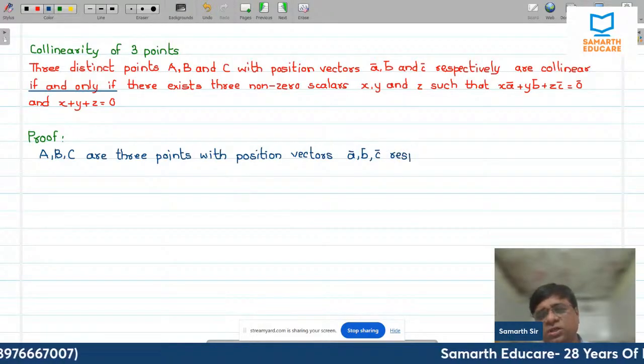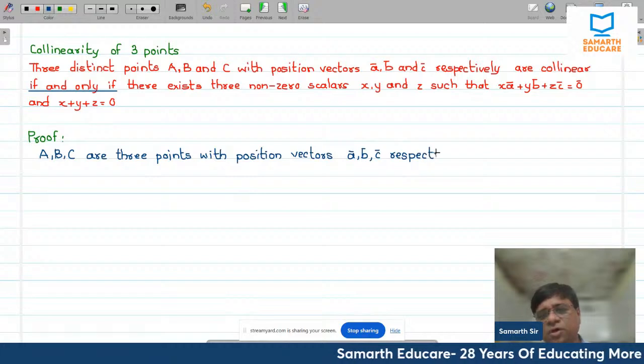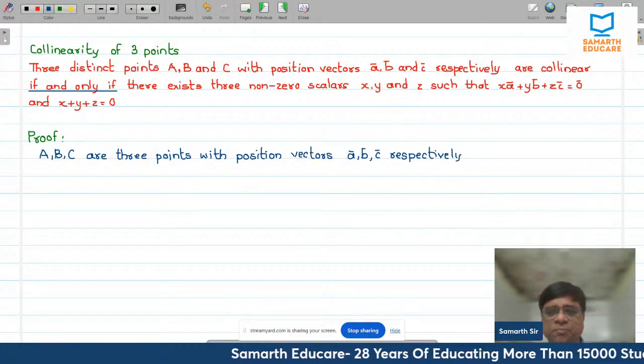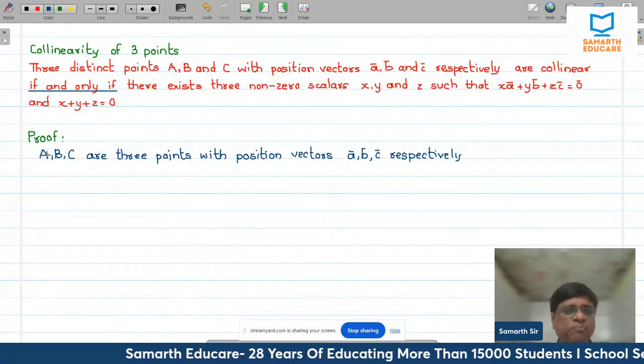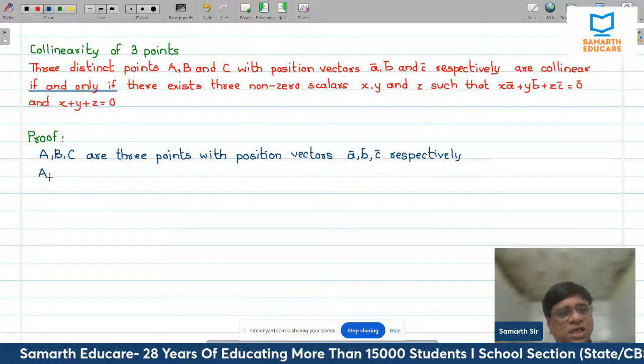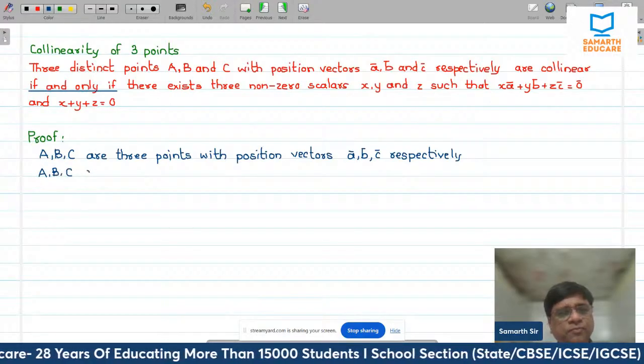This is given in the theorem itself, or the question itself, we can say, right? Now they also say that A, B, C are collinear.